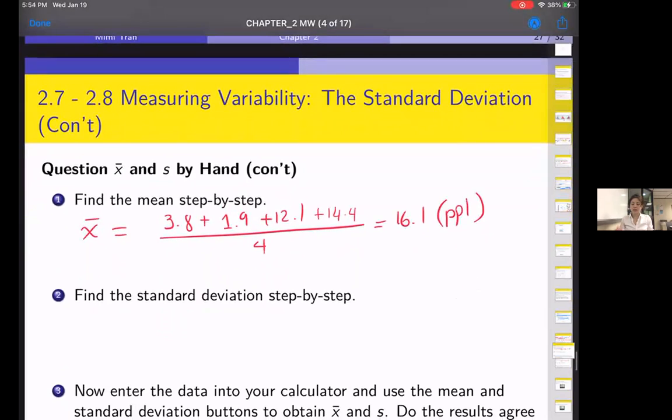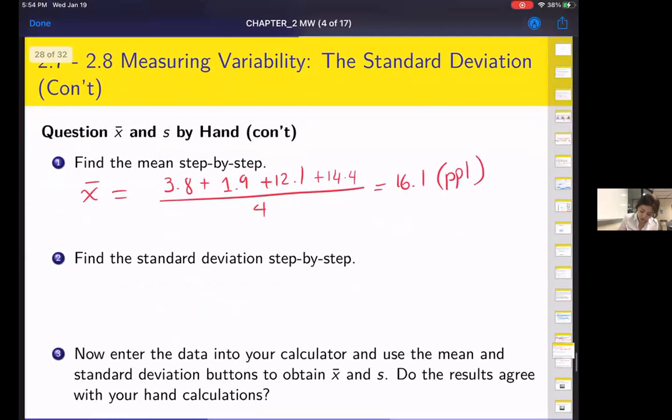Find the standard deviation step by step. It's a short problem, so I might ask you to do the standard deviation by hand, right? Before I find the standard deviation, I have to find the variance first. Remember, we have the formula for s squared.